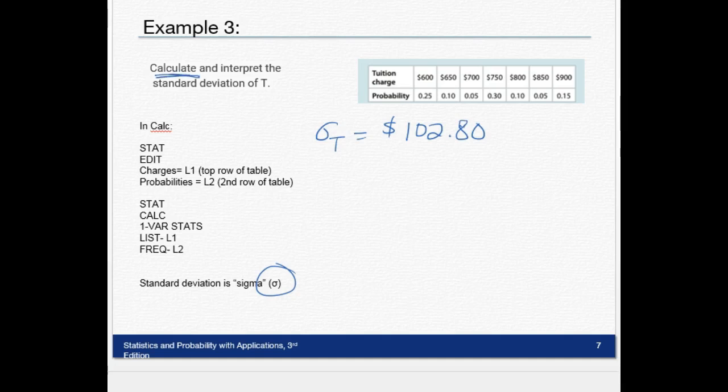Now, interpreting this, standard deviation always is typically varying from the mean. That's the phrase we're going to use all the time. So when we interpret a standard deviation, here's how it's going to look.